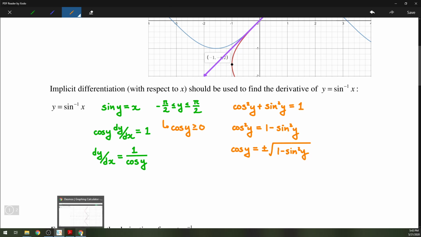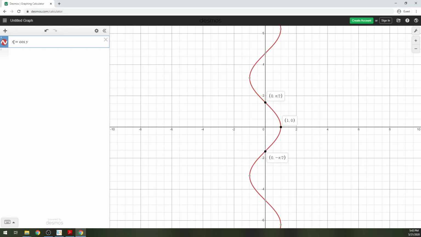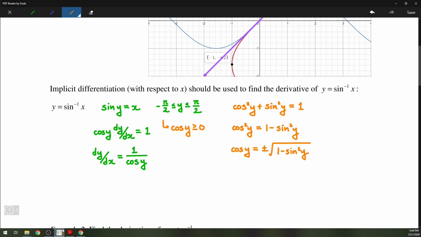Well, if we just look at the graph of x equals cosine y here, you notice that between y equals negative pi over 2 and positive pi over 2, cosine y is greater than or equal to 0. Okay, so going back to what we have here, that means that cosine y, because of the range restriction, is only equal to the positive square root of 1 minus sine squared y.